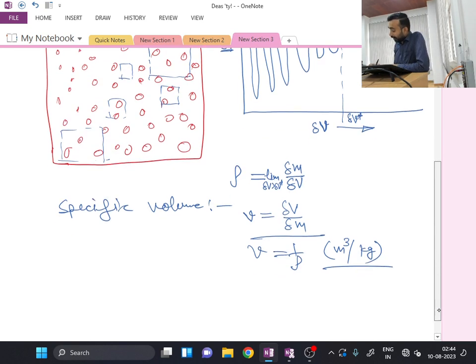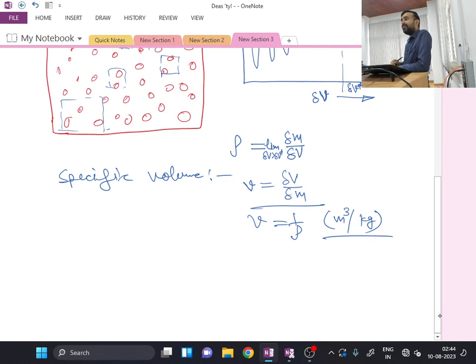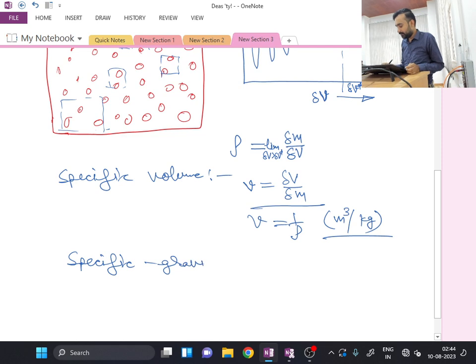Now, when we define density, particularly for fluids, it is also represented in terms of another parameter, typically called specific gravity. Can you tell me what is specific gravity?